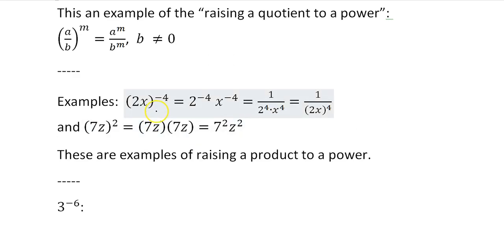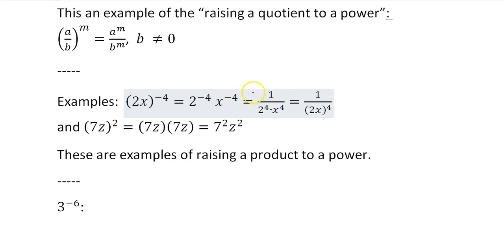Here, again, we're going to talk about raising a product to a power. So we're going to take some multiple, something we're multiplying, and then we're going to break it apart. Here I have the 2 to the negative 4 and x to the 4.